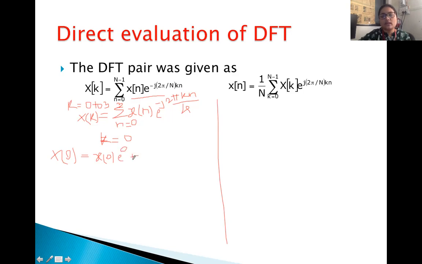Then next I will add, because there is an addition: multiplication and then addition. Next is n equal to 1. Substituting n equal to 1, x of 1 times e raised to, now here k is 0 and n is 1.